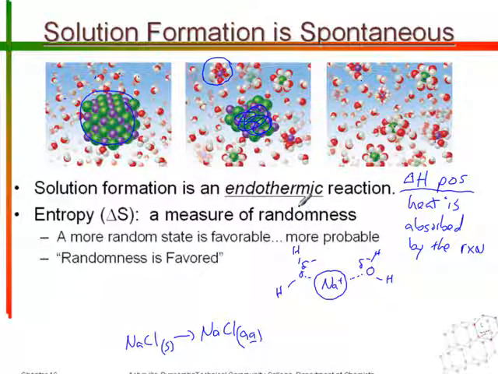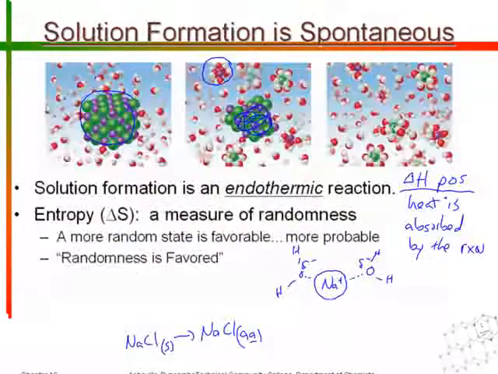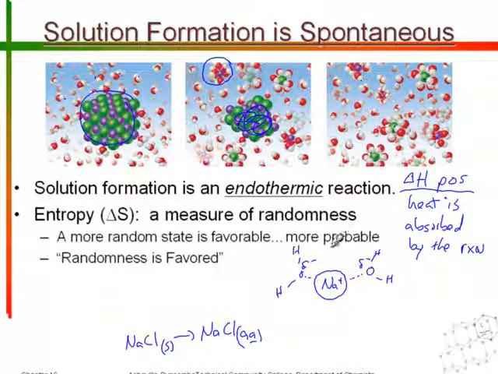So we're developing a more complicated theory than just saying exothermic reactions are spontaneous. That's a simple statement, and it's simply not true because there are endothermic reactions. So we introduce a new term, and we bring that into a new formula as well. We'll see that in a couple of slides.